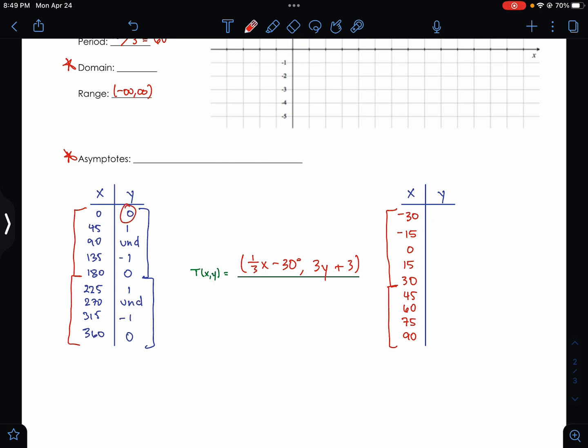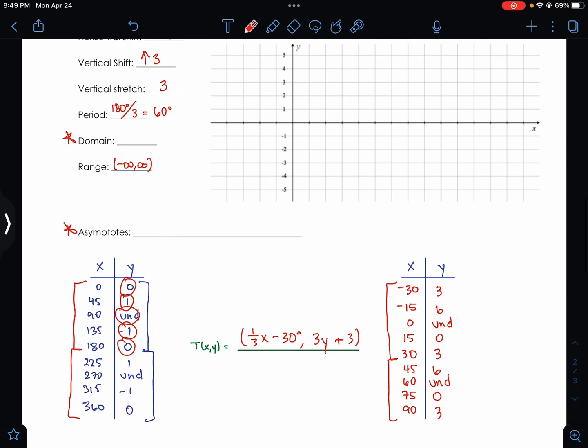You look at 0, 0 times 3 is 0, plus 3 is 3. 1 times 3 is 3, plus 3 is 6. Undefined is still undefined. -1 times 3 is -3, plus 3 is 0. 0 times 3 is 0, plus 3 is 3, and then we're going to have 6 again, and it's going to be undefined, and then we're going to have 0 and 3.